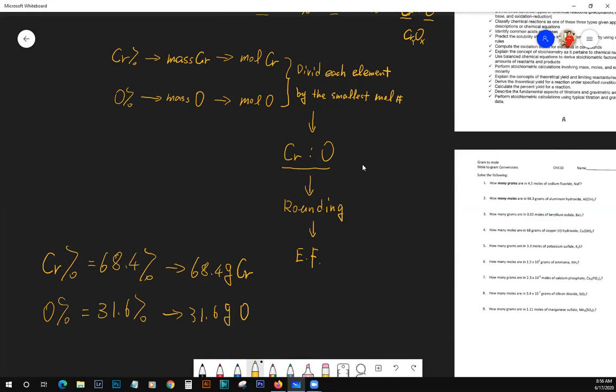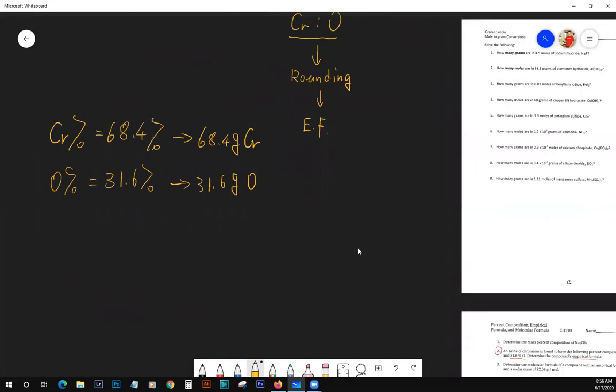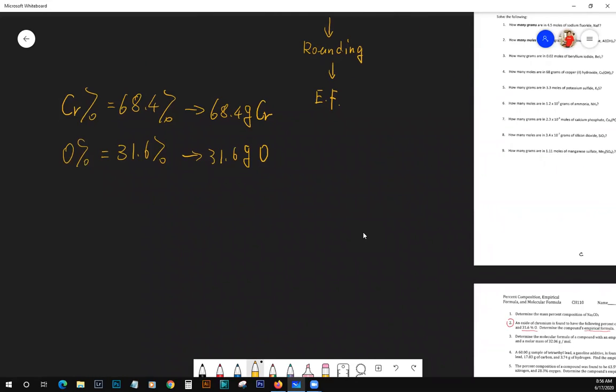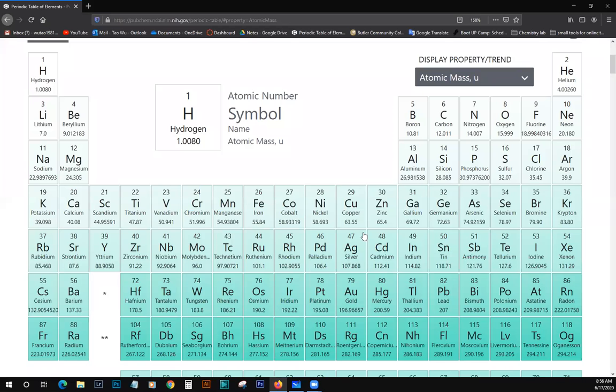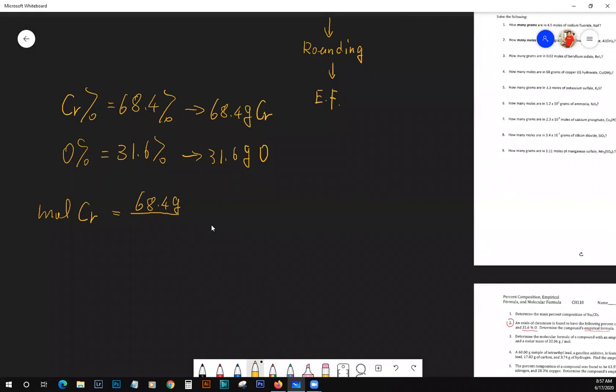The next step is to figure out the moles. What is the mole of chromium? You use the 68.4 grams divided by the molar mass of chromium, which is 51.996. I'll just use 52 grams per mole.